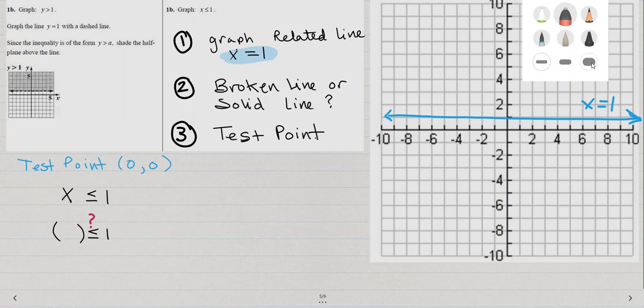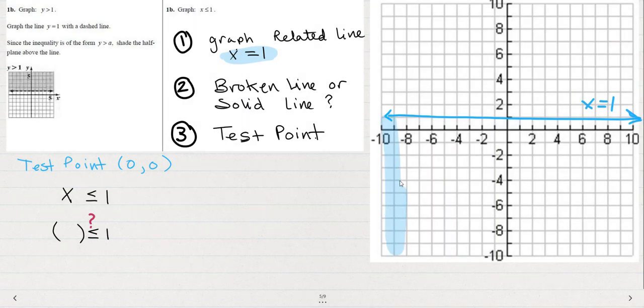So the part that's going to be less is the part below. Oh, I can't believe I was following the example to the right. I don't know if you caught that, but we want the vertical line.